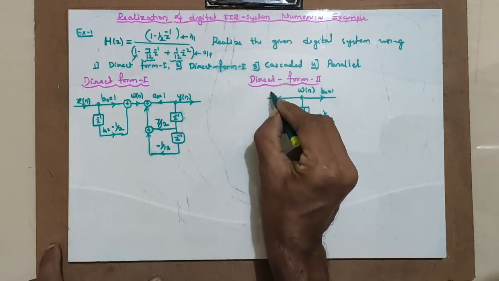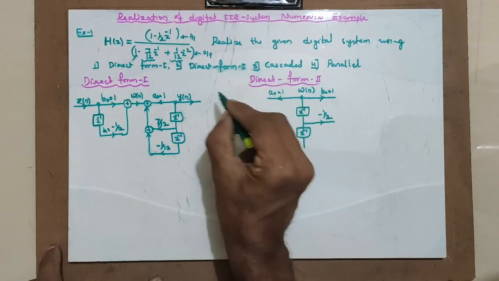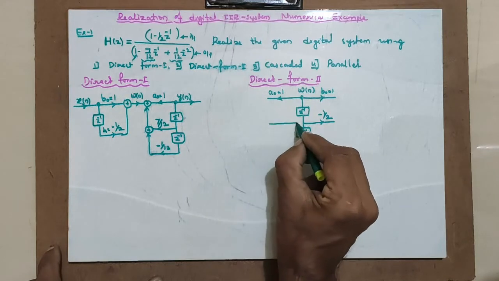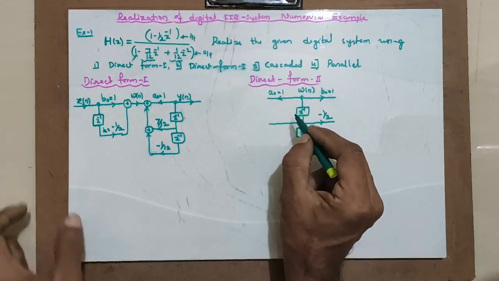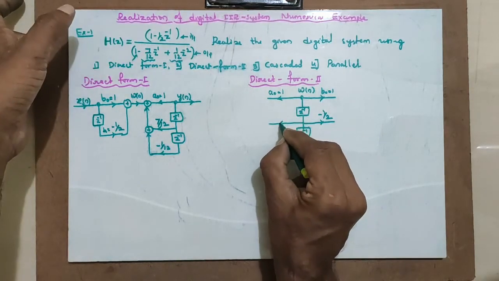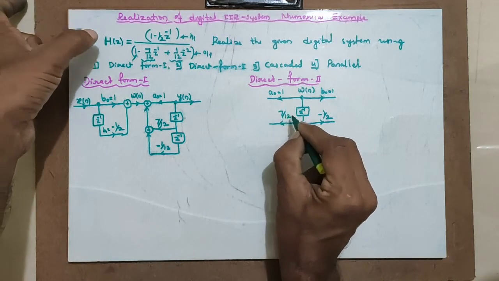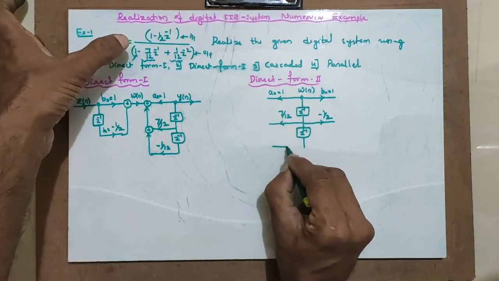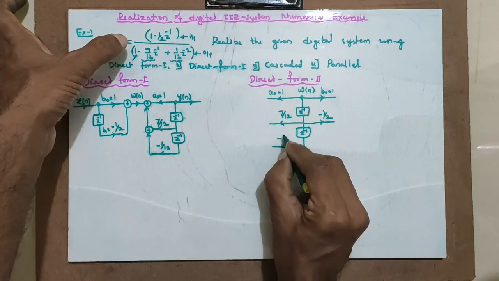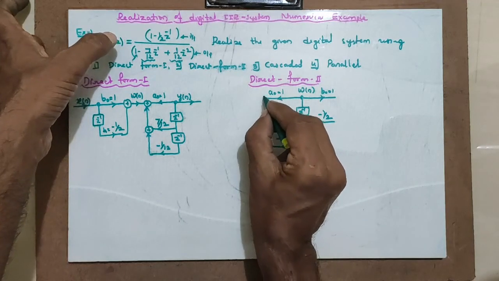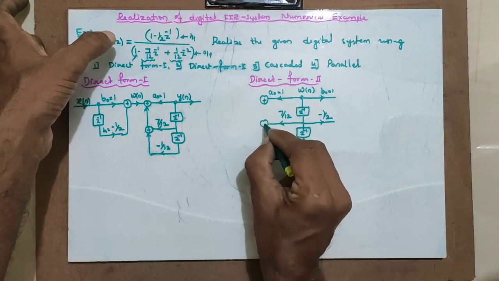Obviously here A0 is equal to 1. Next values, apart from A0, are negated. It becomes 7 by 12. Next it is minus 1 by 12. One summing is required here, one summing is required here.